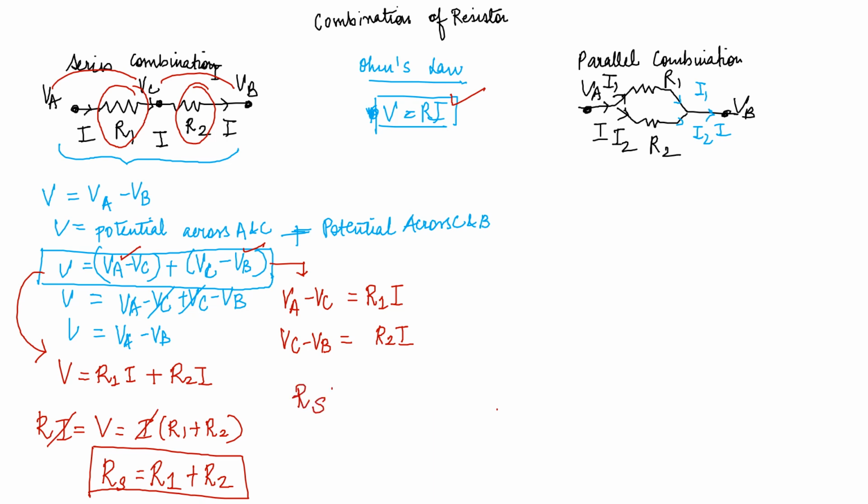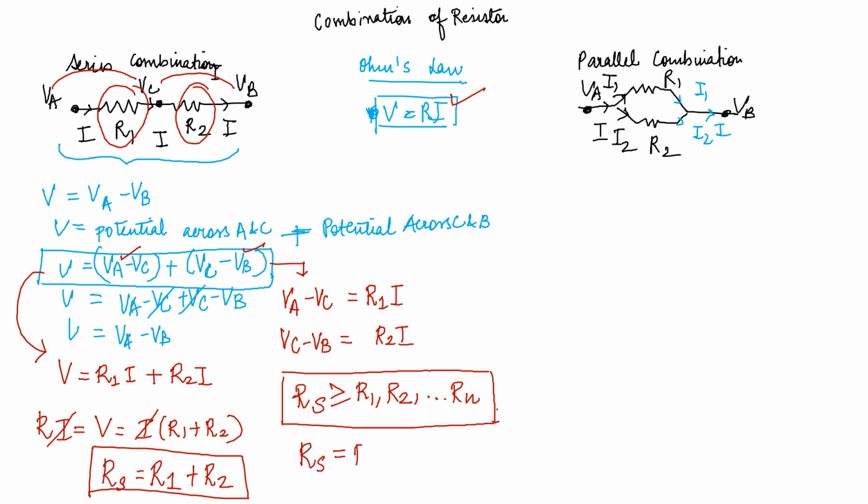Rs is greater than or equal to R1, R2, any resistance present. And for N resistances, we have R1 plus R2 plus R3, up to the nth resistor under consideration.